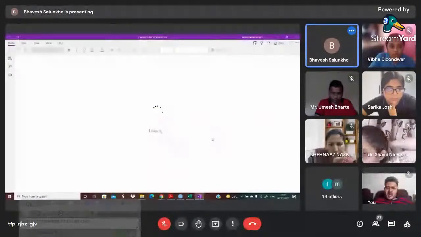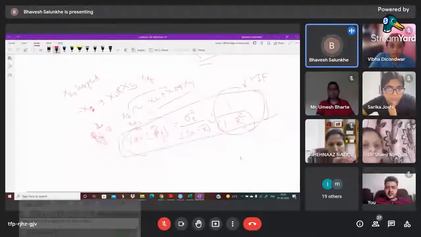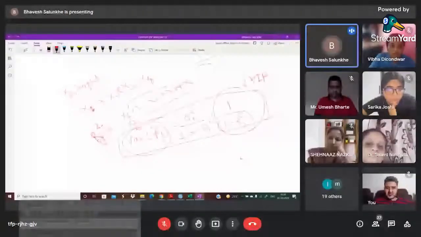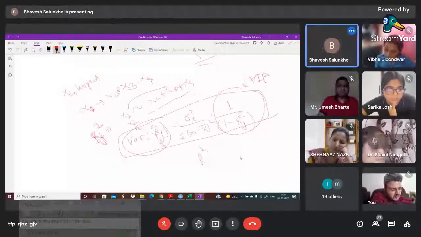See what we have. This is the formula for the variance of beta hat j. We have calculated this value now with the help of that command. Now what is this value? 1 upon 1 minus R square j. Now what is R square j? When you talk about a particular j coefficient, suppose you are talking about beta hat 1, how do we calculate R square for the first variable?